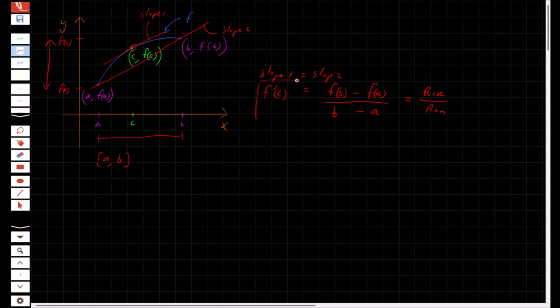So this here is the formula we use in most of our problems to do with the mean value theorem.